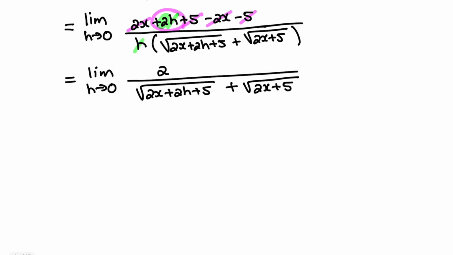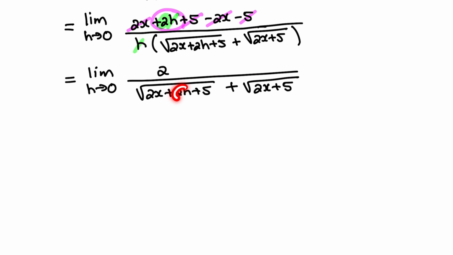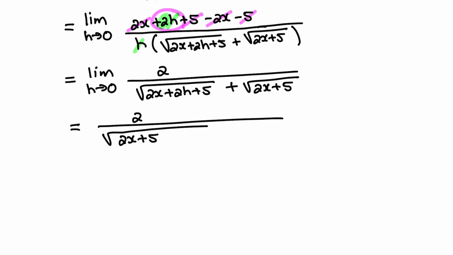Now I can safely substitute h with 0, because it won't make the whole denominator 0, it will simply make this middle term 0. So when I do that, we have 2 in the numerator, and in the denominator we have the square root of 2x plus 5 plus the root of 2x plus 5.